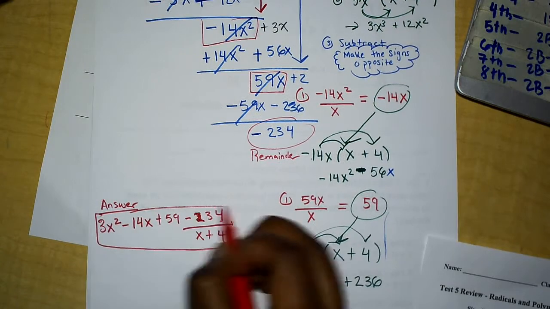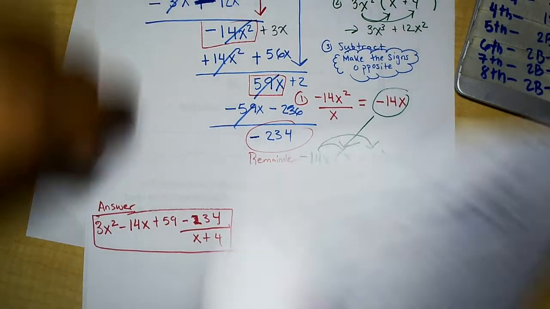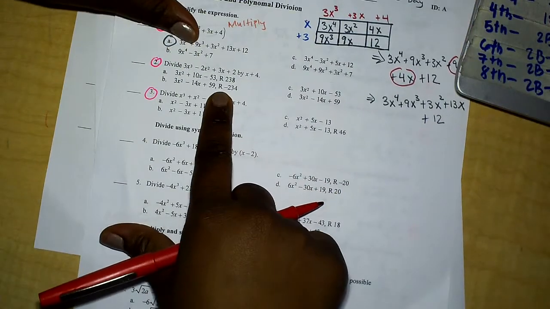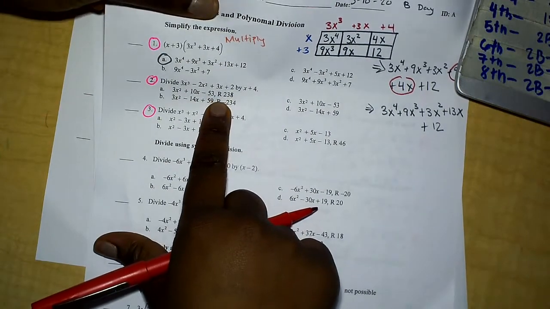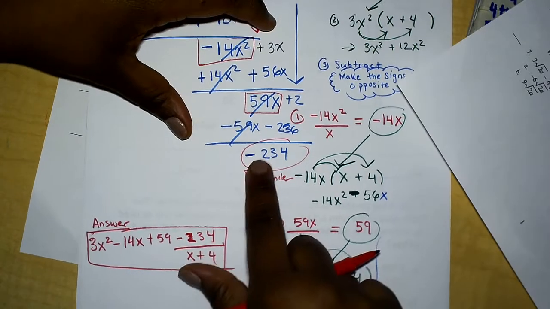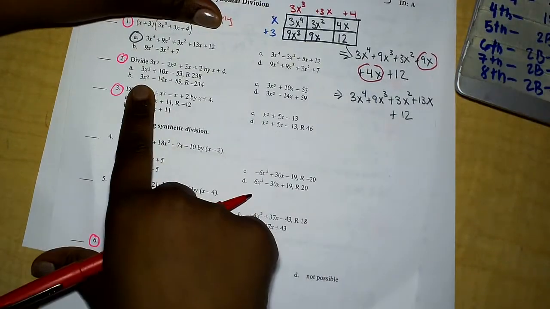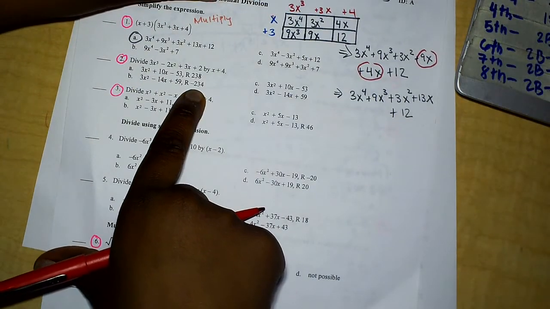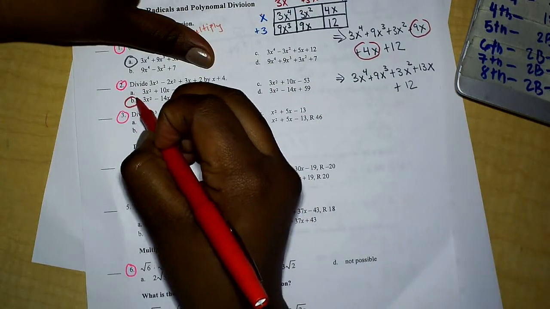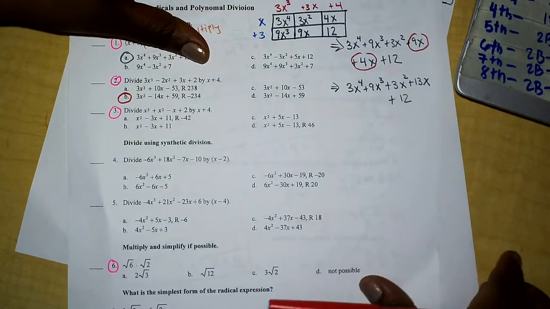Now on your answer sheet, on the answer choices, if you notice, the way they write remainder is just an R. So what you would do is you'll just find R 234. So you see how we have our answer, but it has R 234. This is our right answer.